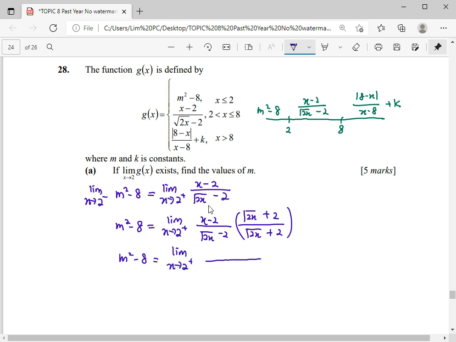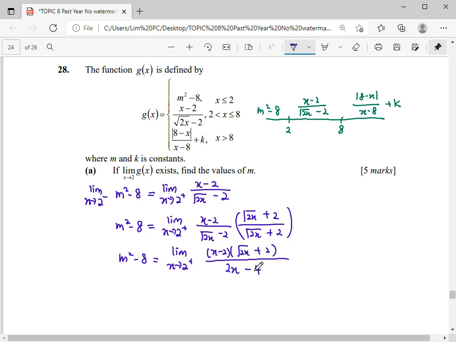And we only simplify for the part which has its conjugate. So (a minus b)(a plus b): when you multiply it together, it will be a squared, which gives us 2x, and then minus b squared, which will give us negative 4. So up here, it will remain in the form of a bracket, in the form of a factor.